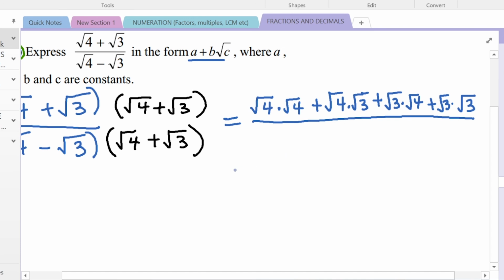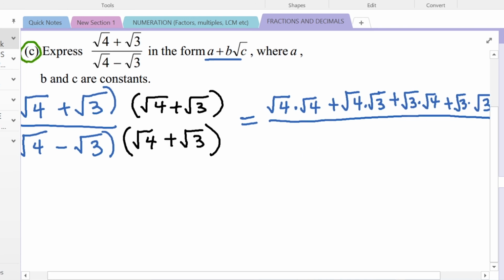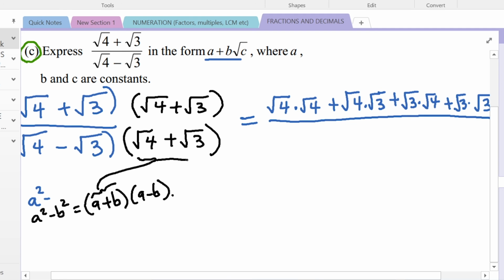Now below, from what you can see, there is an identity that we can use to make a shortcut. Let me write it here on the side. We know that a squared minus b squared is given by a plus b into a minus b. From here we can see that a plus b is what you're seeing there, then a minus b is what you're seeing there.